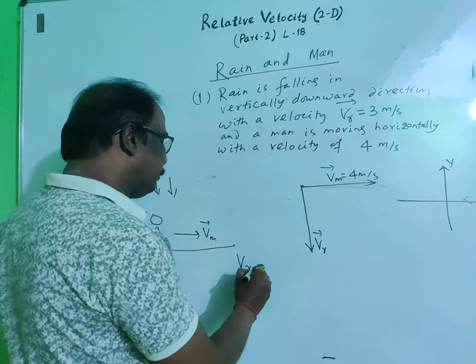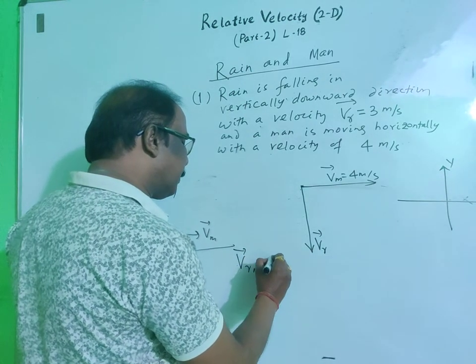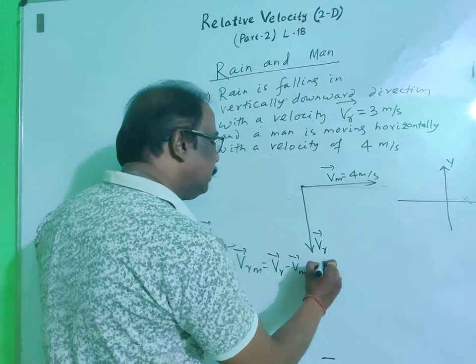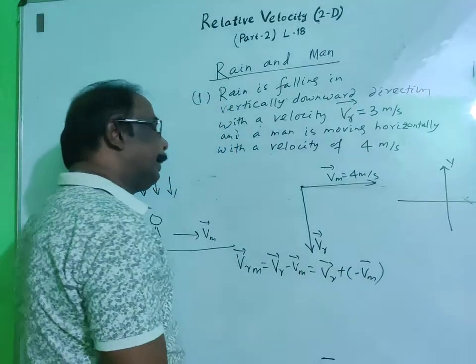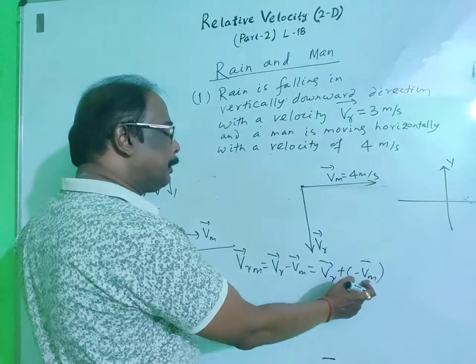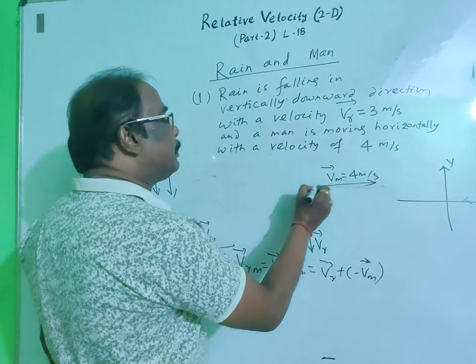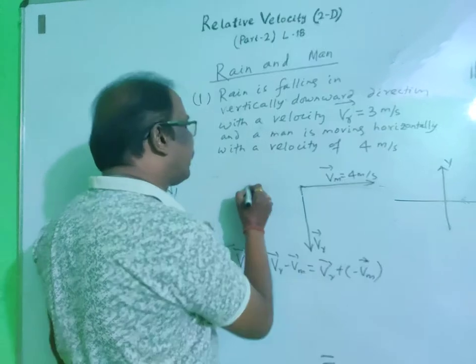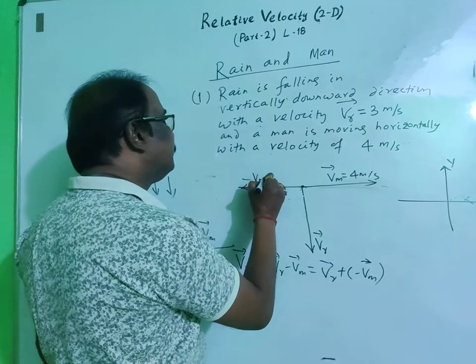The velocity of rain with respect to man can be calculated by the method of vector subtraction, Vr minus Vm, or Vr plus minus Vm. The negative of the velocity of man is added to the velocity of rain. If this is Vm, then in the opposite direction, along the same straight line and with the same length, this is minus Vm.